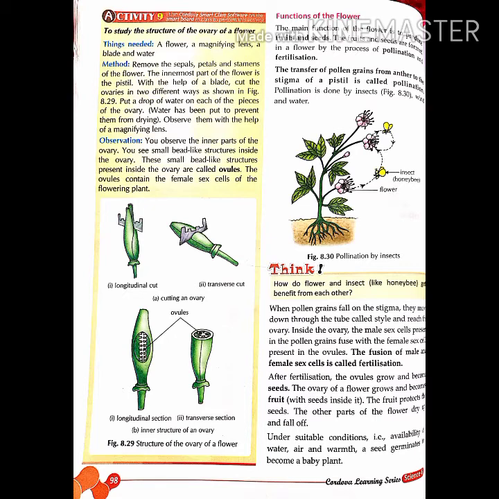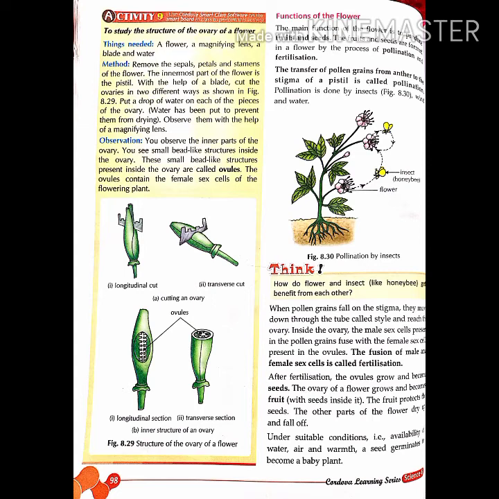What will happen when the male reproductive part, the pollen grains, reaches the stigma and moves through the style, the small pipe-like structure? It will reach the ovary. What is present in the ovary? Ovum, ovules, the female sex cells. Now what does this male sex cell do to the ovary? It fuses. They join together, and this male sex cell present in the pollen grains fuses with the female sex cell present in the ovules.